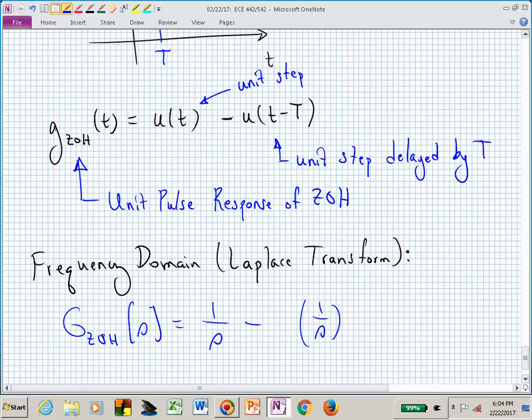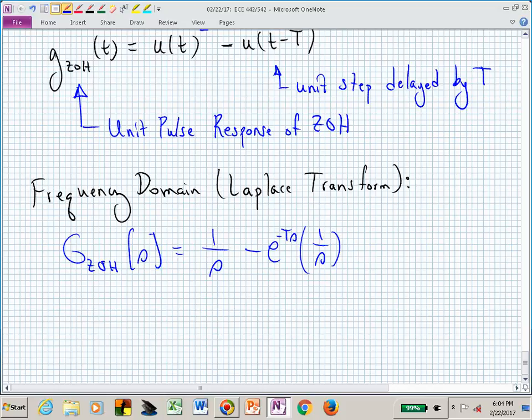It's an exponential, isn't it? It's e to the minus, delayed by a particular amount, our sample period. It's e to the minus capital Ts. That's now the Laplace transform of this delayed unit step, and we can now subtract those two Laplace transforms.